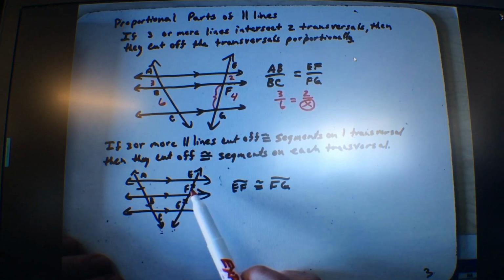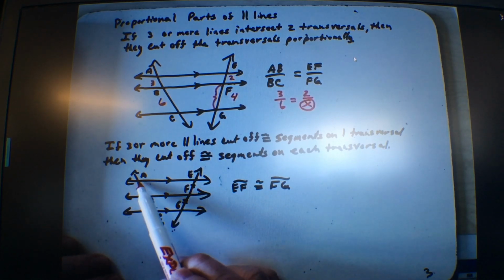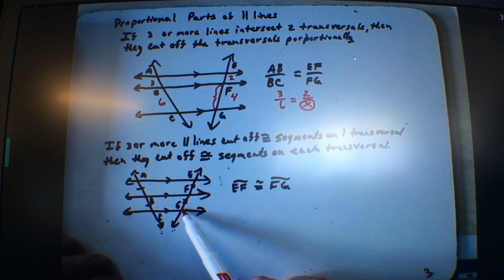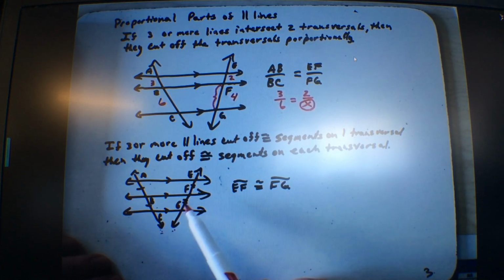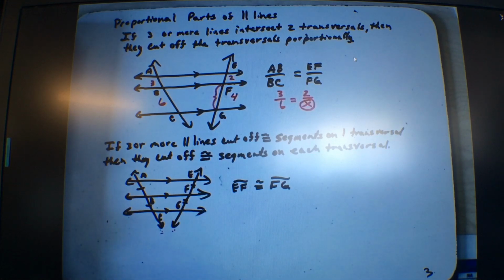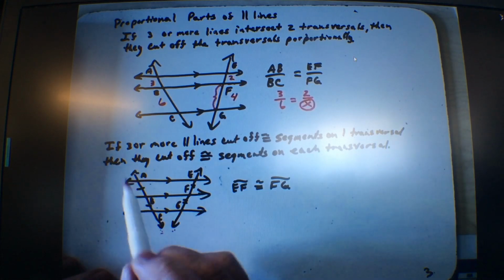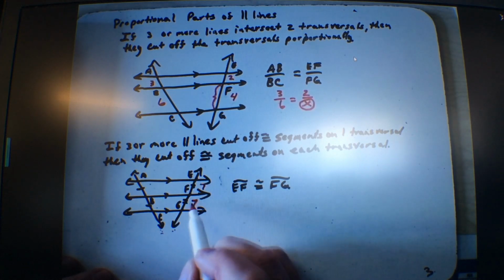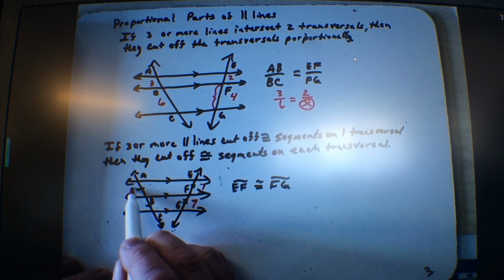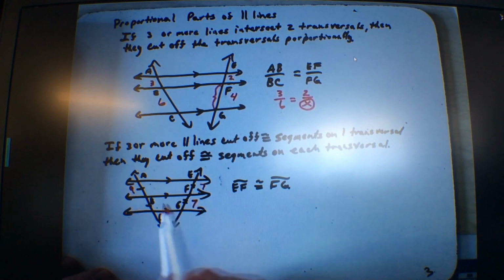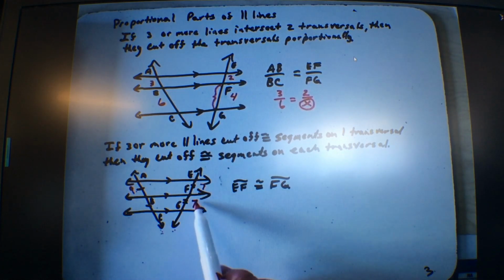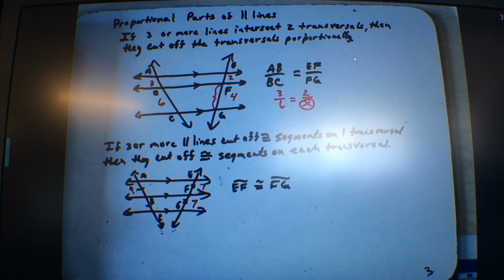I'm not saying that this distance is the same as this one. So if this is 7, then this is 7, but this over here might be 9. We're just saying that it cuts it off equally throughout the transversal.